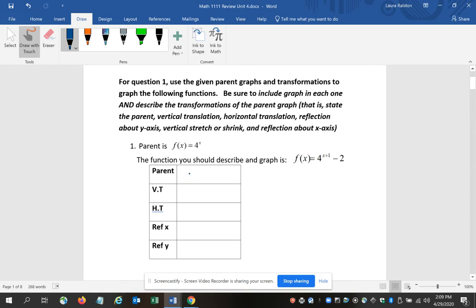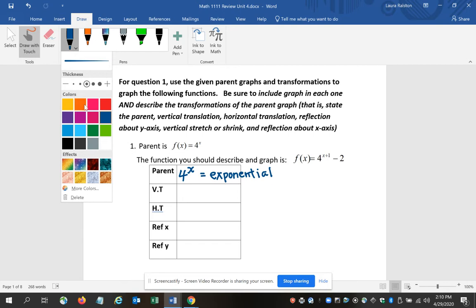And so my parent here is given to me actually as 4 to the x, which is an exponential function. I recognize it as an exponential function because it has the variable in the exponent.